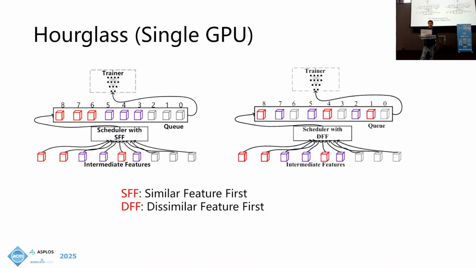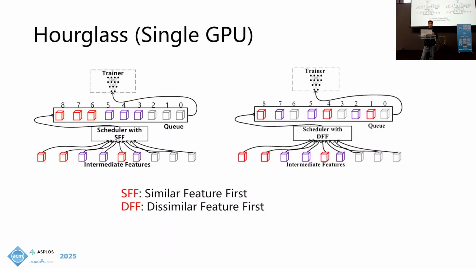It is well known that data heterogeneity is a common issue in federated learning, because different clients have different preferences and different habits. So we wondered, is there any difference if we train the server-side model with a different order of intermediate features?